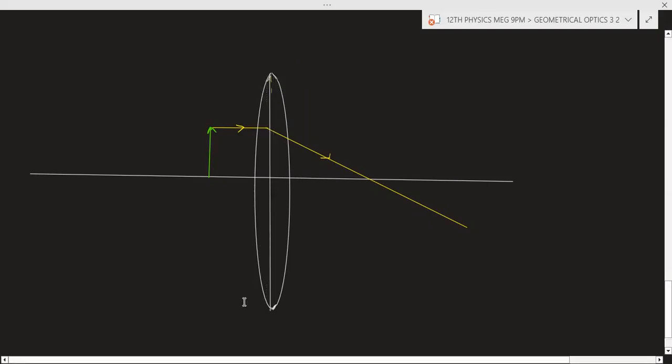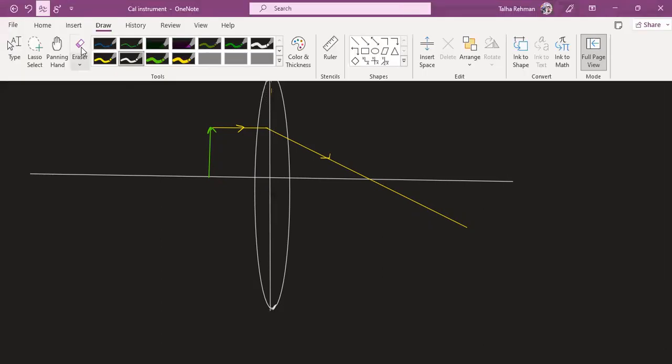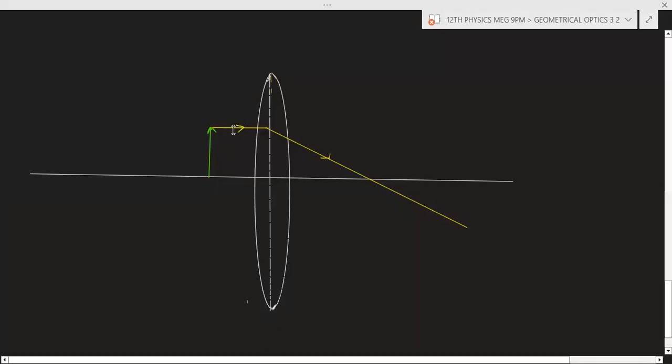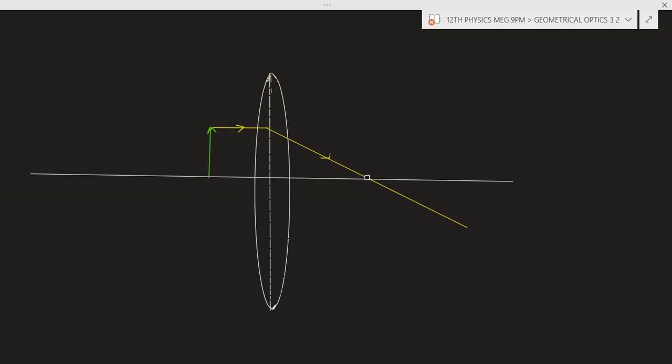I told you that the lenses in our syllabus are very thin lenses, so we can just draw a straight line here. So first ray is parallel to the principal axis, and after passing from the lens, it will pass from the focus of the lens.